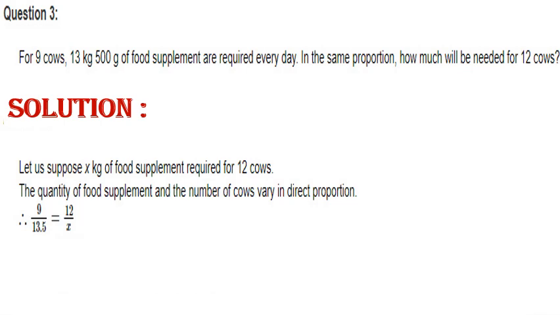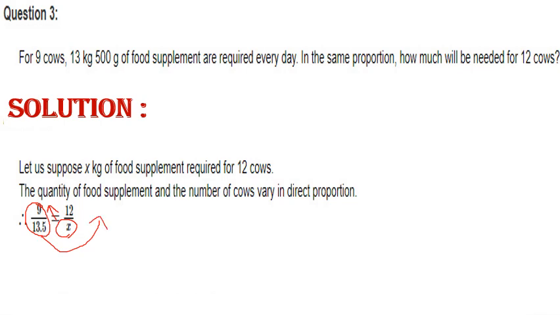Now we'll have to cross multiply. So x will move on to the LHS and become the numerator. This will move on to the LHS and become the numerator, wherein 9 upon 13.5 will move on to the other side and get reciprocated.